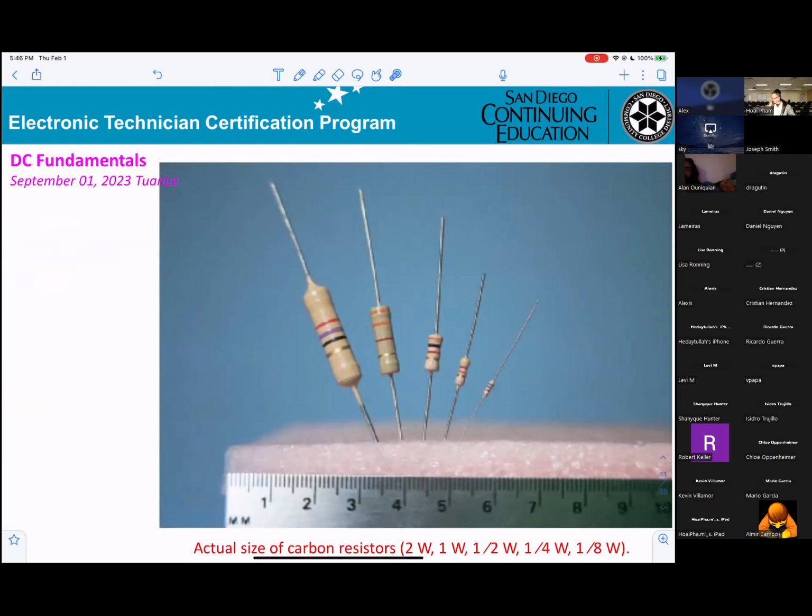Now you can see these are different types of resistor. 1, 2, 3, 4, 5. They can be bigger or smaller, depending on how much power they can handle. That means when you get a small resistance, and you put more current into that resistance, it burns out.